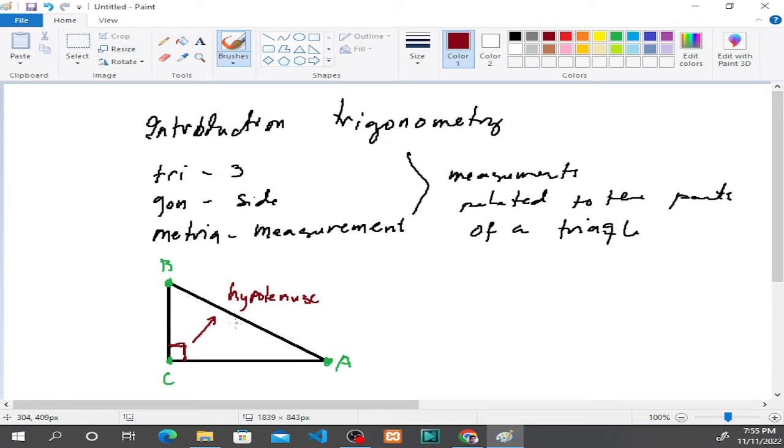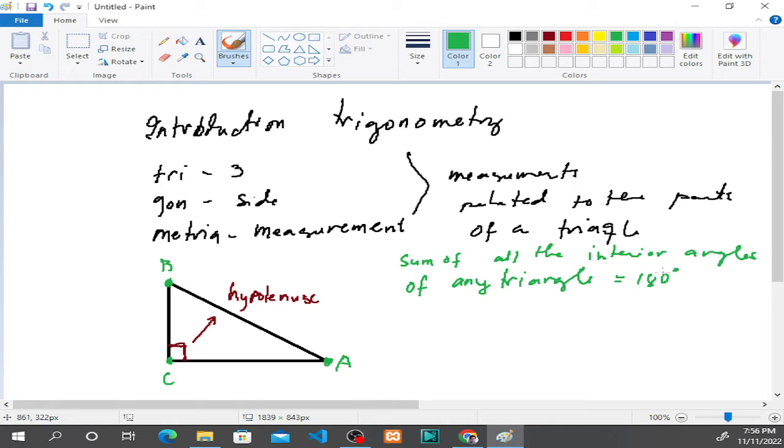Here we have two other angles, angle A and angle B. We know that the sum of all the interior angles of any triangle is equal to 180 degrees. That works not only for a right triangle but for all kinds of triangles.